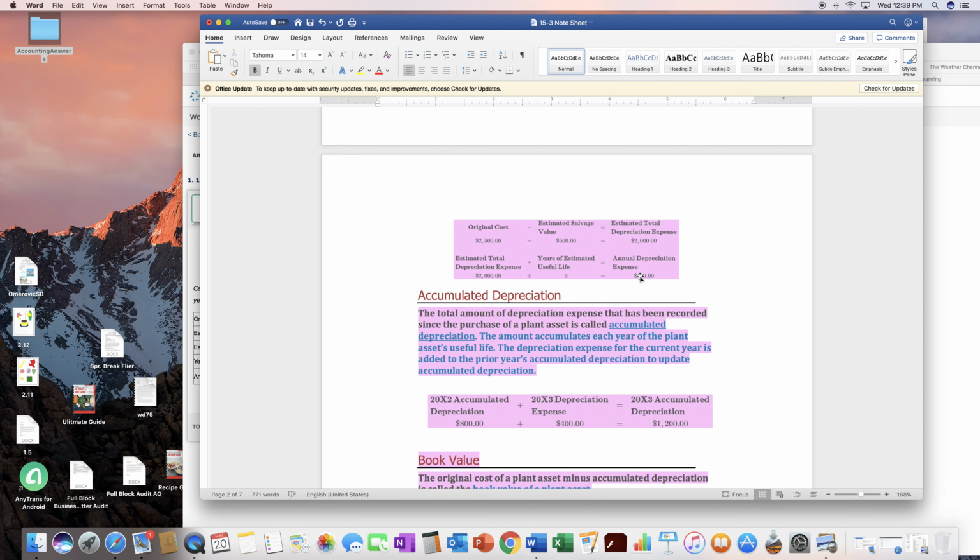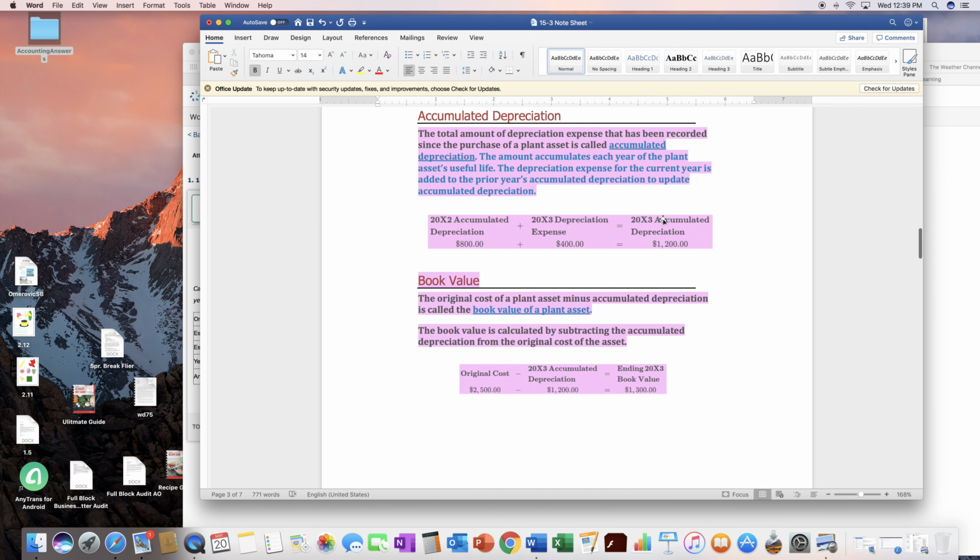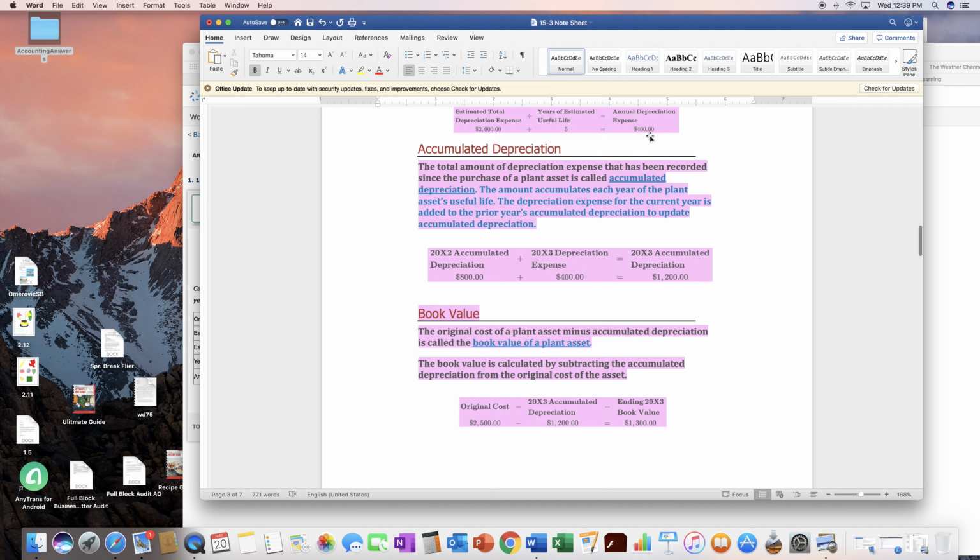So our annual depreciation is the depreciation expense we found divided by its useful life. So if we bought this item in year zero and we have $400 depreciation every year, we're at $800 after year two, right? $400 for year one, $400 for year two, so it's $800 here.